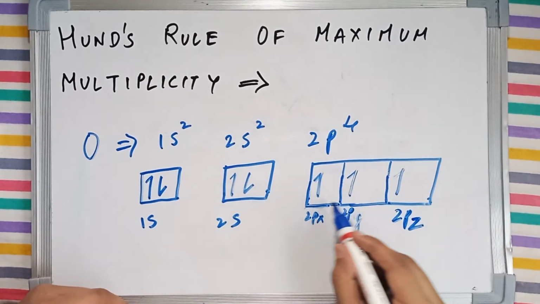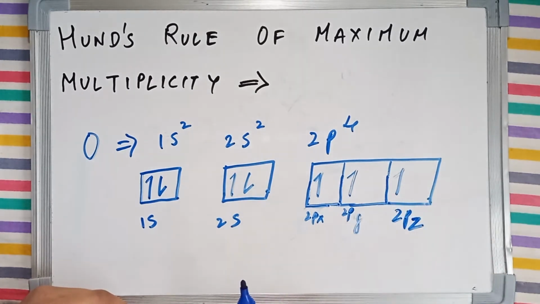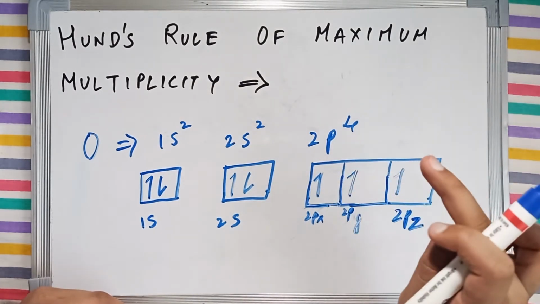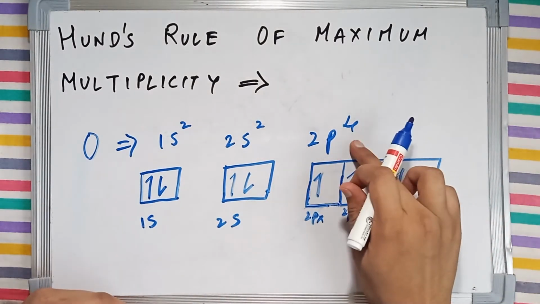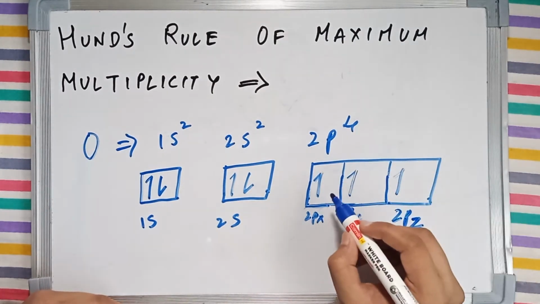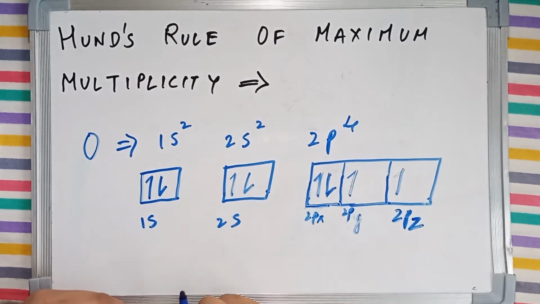Now notice each orbital has a single unpaired electron. Now coming to the problem at hand, 2p has 4 electrons, so we fill the 4th electron in the 2px orbital.